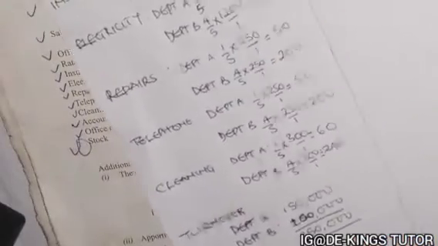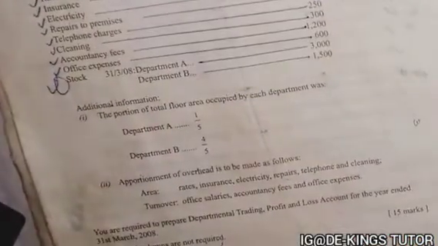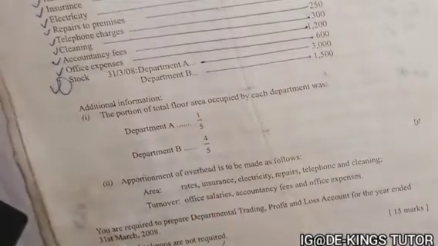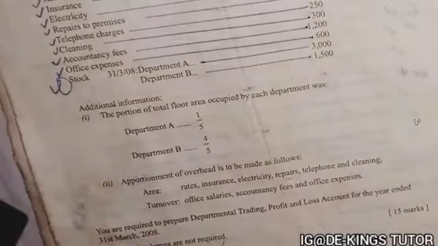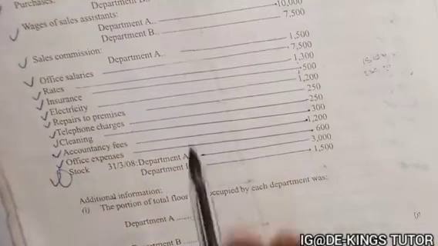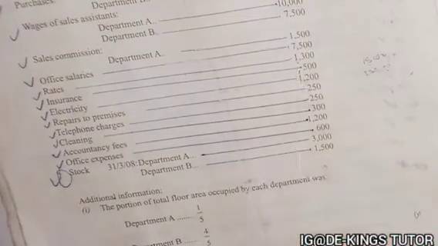Okay, so from this now let's get the apportionment. The first one is office salary. The total here is 75.